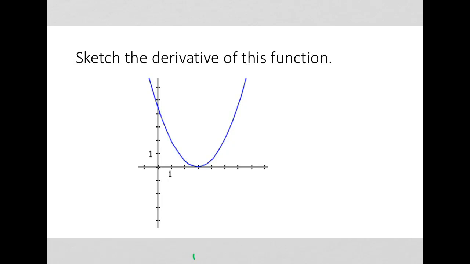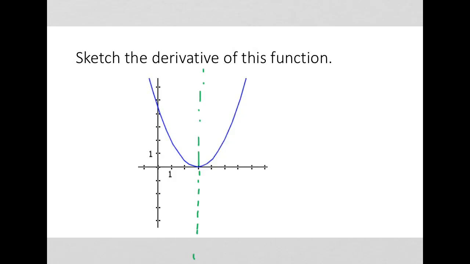So let's look at this function. Notice it is seemingly a quadratic function. It looks like it's been shifted to the right 3, but let's think about what is happening with this function. So I know we just came out of our rational functions unit. Don't get confused. I'm not drawing a vertical asymptote here.